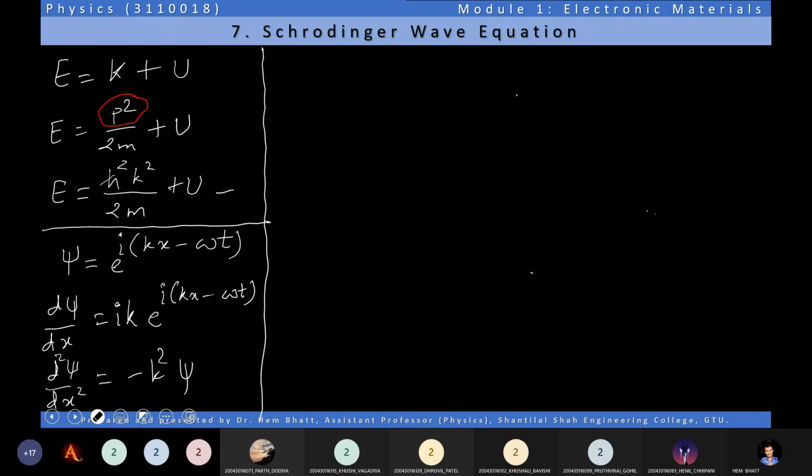So the left side is h cut square by 2m d2 psi by dx square is equal to minus h cut square k square by 2m into psi.